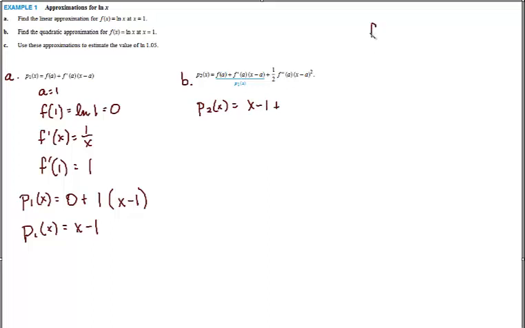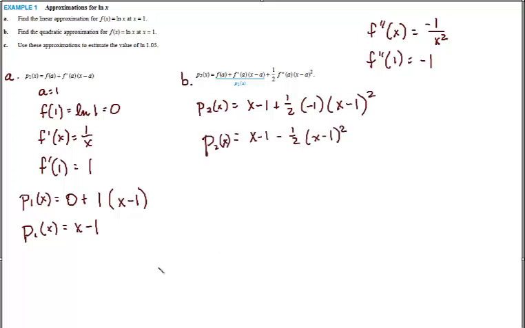So let's get f double prime of x, take the derivative of 1 over x, you're going to get negative 1 over x squared. F double prime of 1 is going to be equal to negative 1. Plugging this in, 1 half, that's going to be negative 1, and then x minus 1 quantity squared.